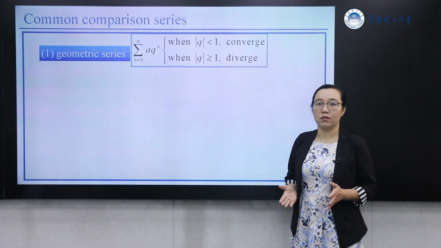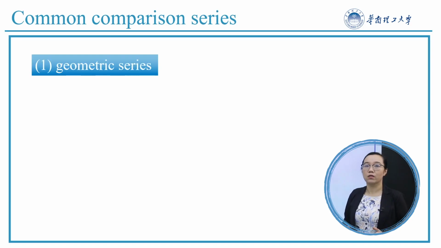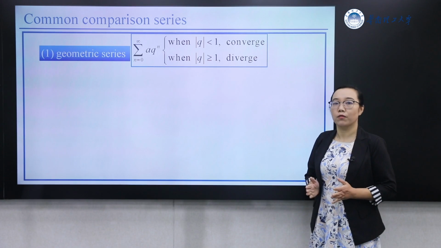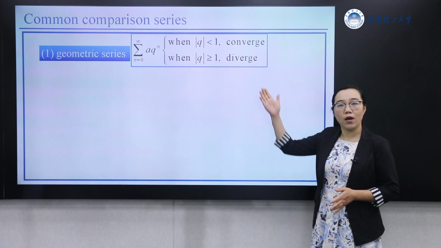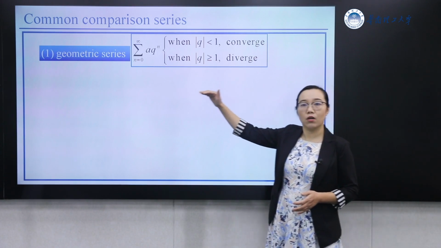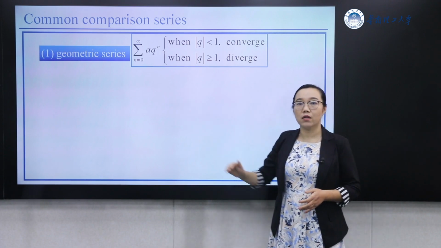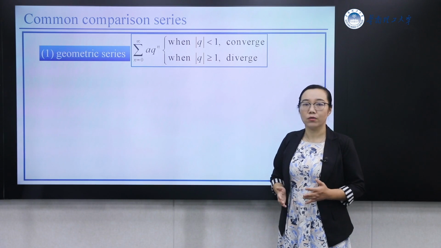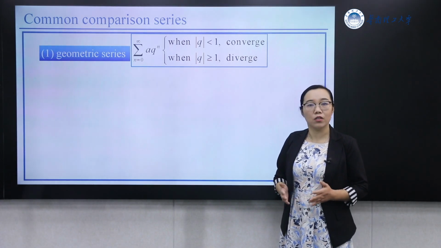The first is the geometric series. Pay attention to the result. If the absolute value of p is less than 1, then it is convergent, and if the absolute value of p is greater than or equal to 1, it is divergent.